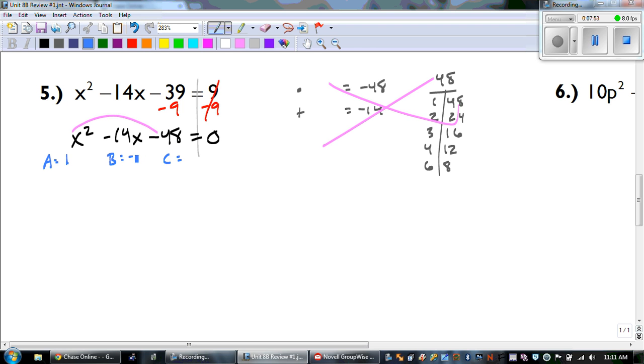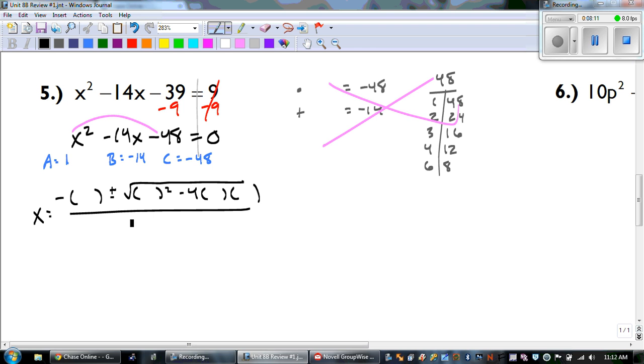A is 1, B is negative 14, and C is negative 48. So x equals the opposite of b plus or minus the square root of b squared minus 4ac, all divided by 2a. Okay, so let's start plugging everything in. I got negative 14, negative 14, a is 1, c is negative 48, a is 1.